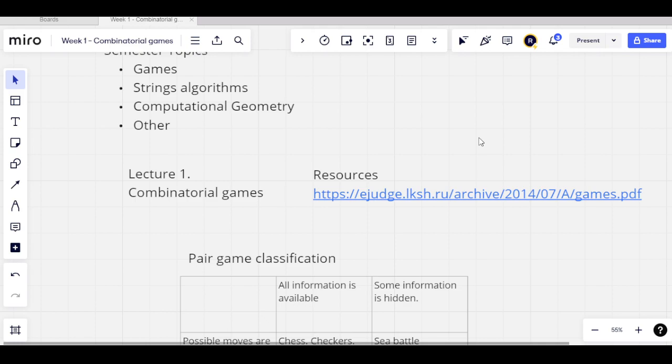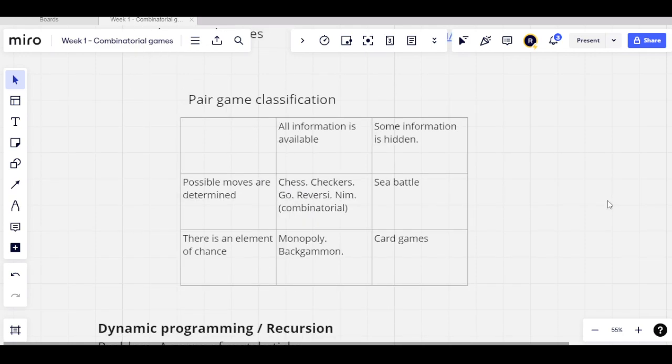So today we are going to talk about combinatorial games. You can look in detail at the following resource on this topic. What is a combinatorial game?